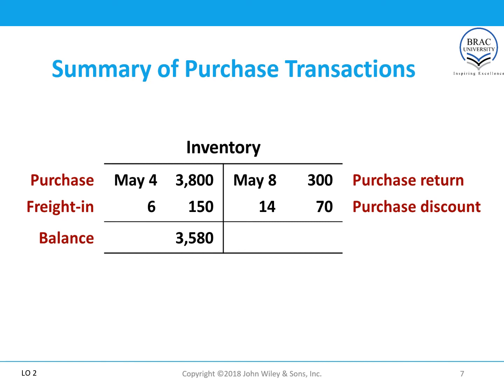So this was the summation of all the purchase transactions that happened between these two entities, and after balancing out all these transactions, the net balance became $3,580 for the inventory account.